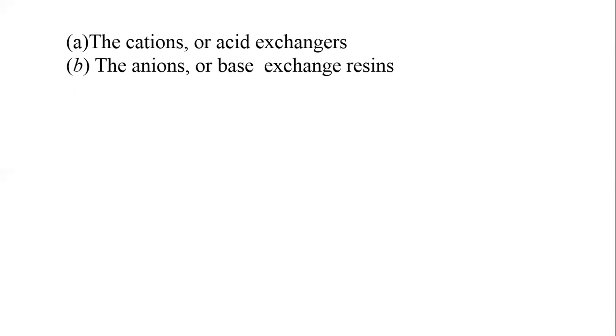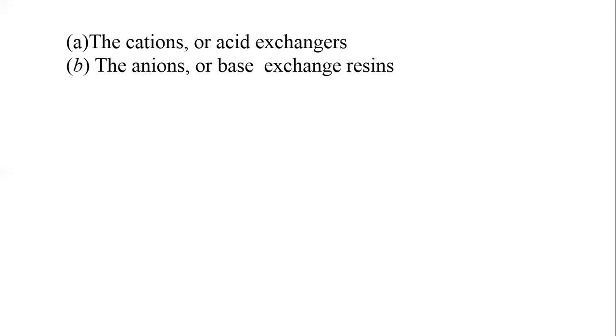The first type, the cation or acid exchanger, permits the exchange of cations in solution with hydrogen ion from the resin. The second type, the anion or base exchange resin, permits the removal of anions.